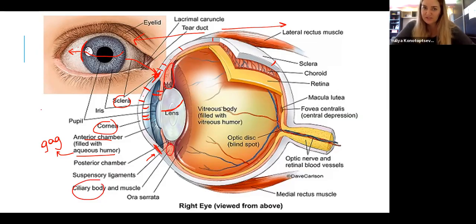Behind the ciliary body, you can see this serrated area. This serrated area is the ora serrata. What does serrated mean? It means like a saw, yeah? So it has a sawtooth appearance, something like this. So it's very serrated. What was the ora serrata doing?